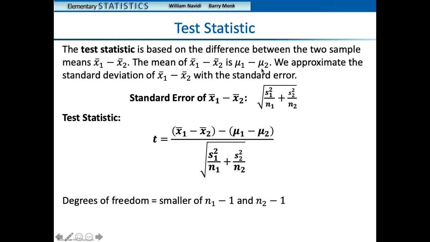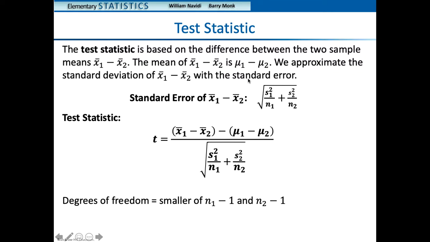It's basically an application of the central limit theorem, right? Remember, with the central limit theorem, if we treat the sample mean as a random variable, the mean of that distribution will be equal to the population mean. So a similar thing here. If the random variable is the difference between the sample means, then the mean of the distribution will be the difference between the population means.